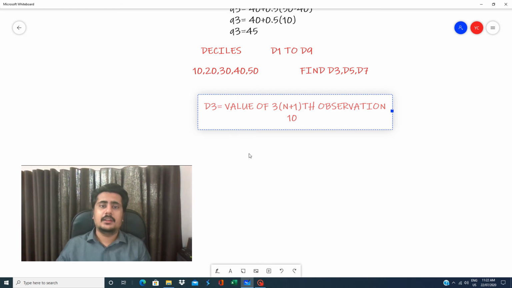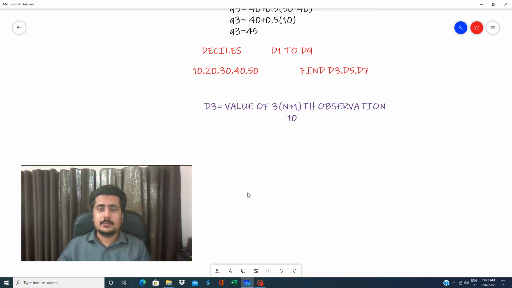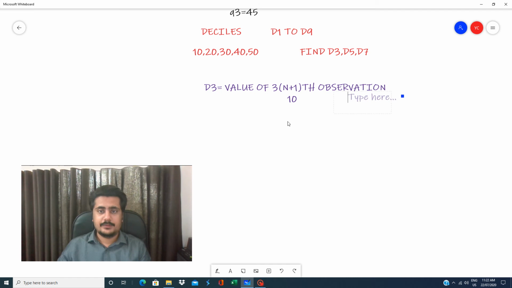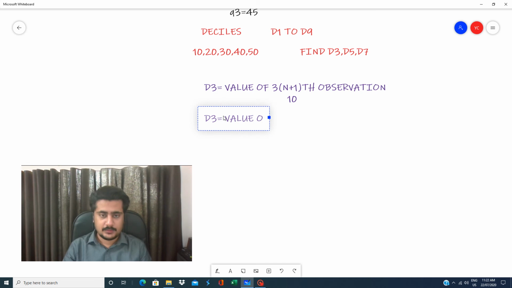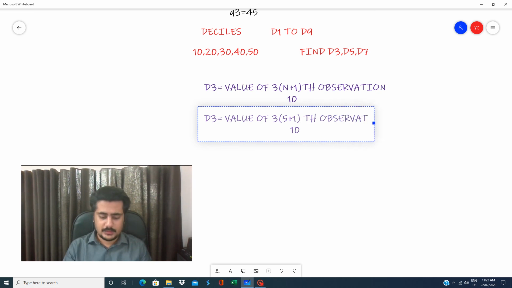So it's 3 into (n plus 1) upon 10. Now by solving this, D3 is equal to value of 3 into, what is n here? It's 5, so 5 plus 1, upon 10th observation.